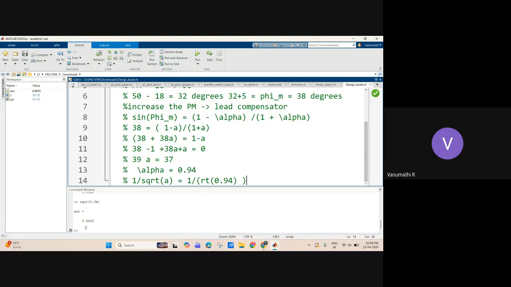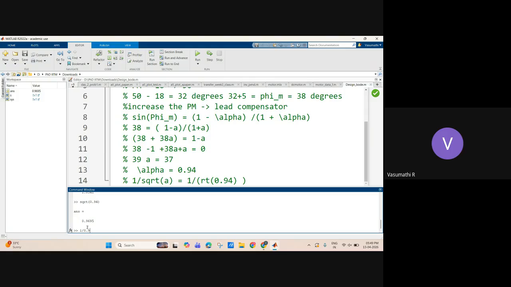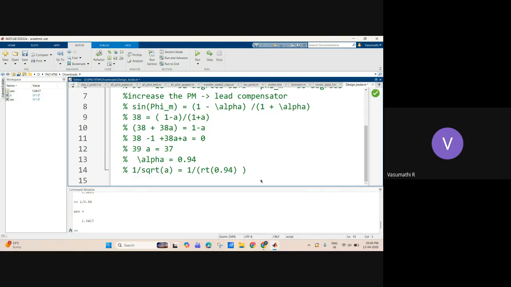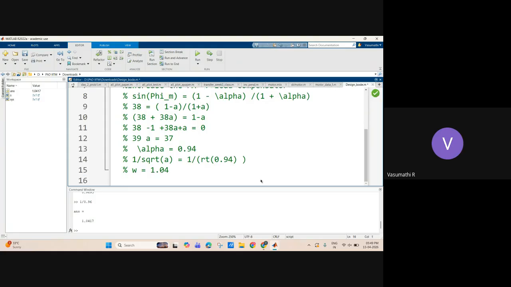So 1 divided by 0.96 is 1.04. So it will happen at the new gain crossover frequency, which is 1.04. So you have to look for this frequency to find your new gain crossover frequency.